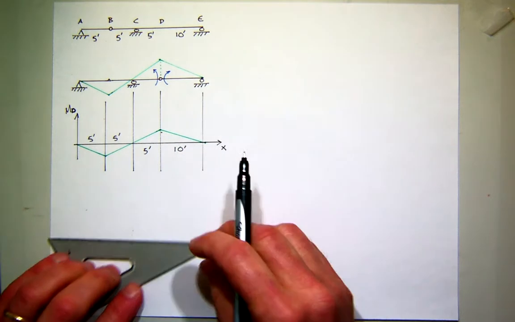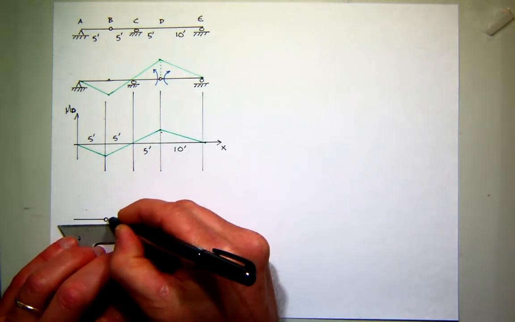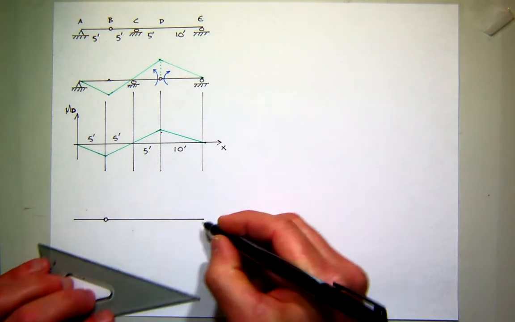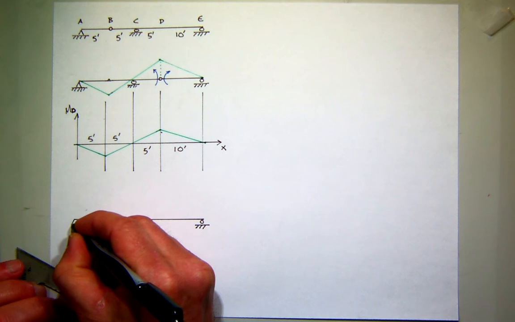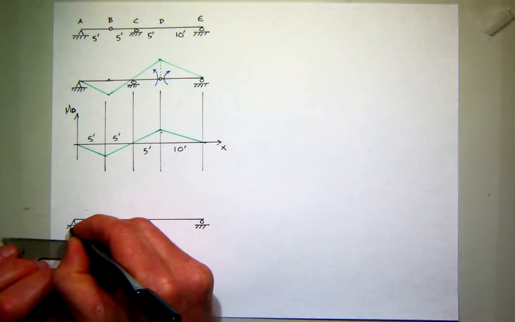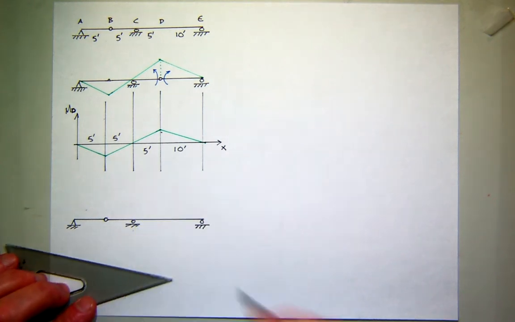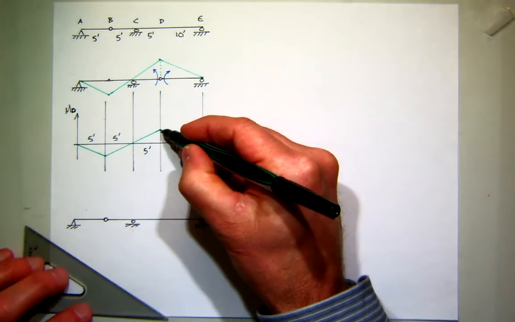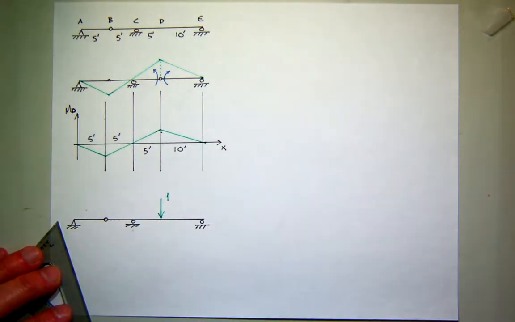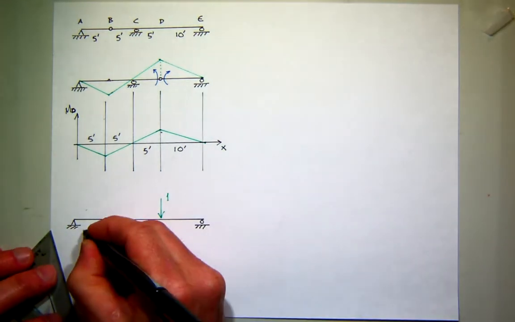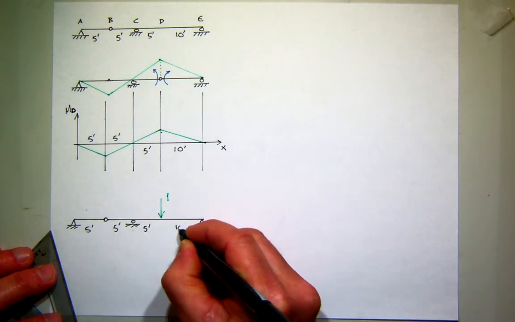So what I want to do now is rework the problem. Now that I have the qualitative shape, I want to get the quantitative values. So there's my beam. But since I'm interested in this position, that's where I want the unit load. Again, my dimensions are 5, 5, 5, and 10.